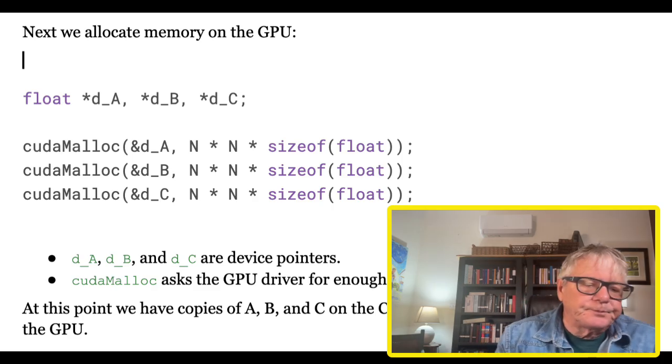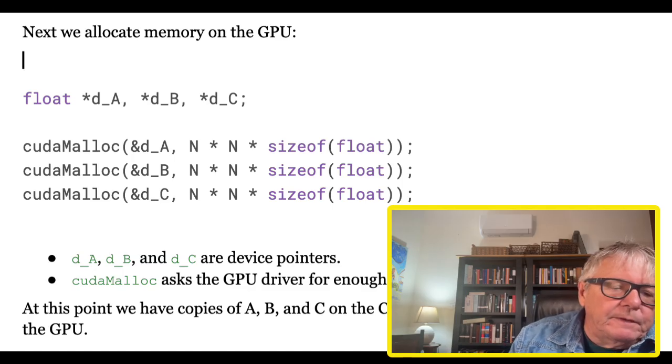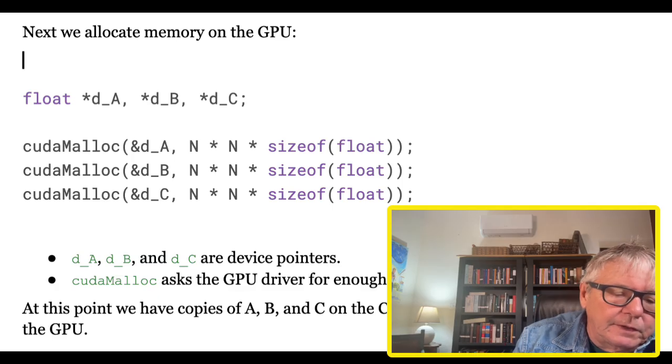So we pass to it the pointer, the address of where we want to put it, and then the size is going to be obviously the number of elements times the size of each element. Star dA, star dB, star dC are the pointers to that GPU memory, or device pointers.